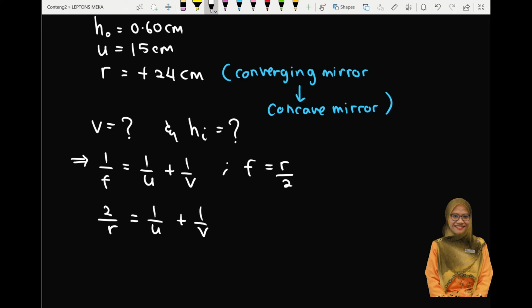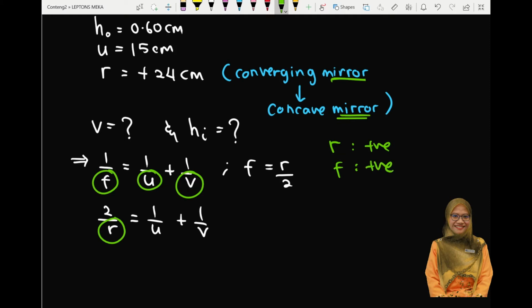Now guys, to use the mirror equation, you need to remember all these values can be positive or negative. Your f can be positive or negative, your u also, same goes with v and the radius of curvature, because for the mirror, r and f go together. If r is positive, the f is also a positive value, just for the mirror.